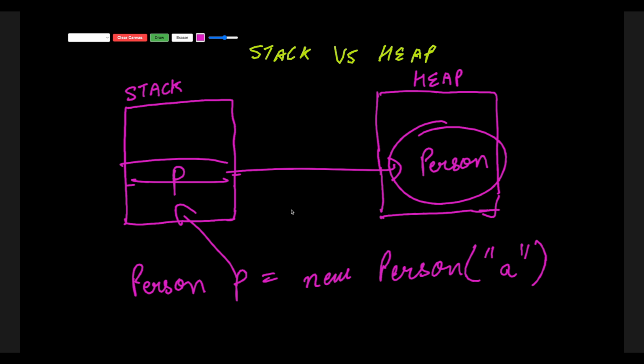So that's why references are the pointers which point to the particular object which is stored inside the heap memory. The P should be populated with the memory address of the heap.